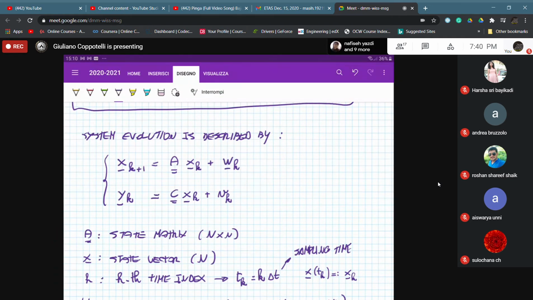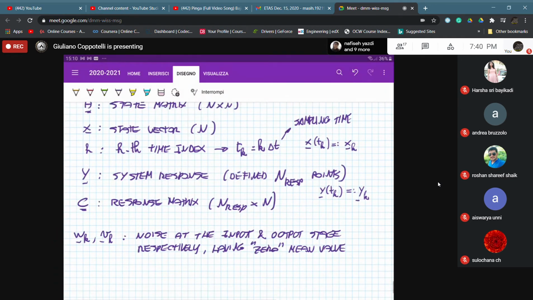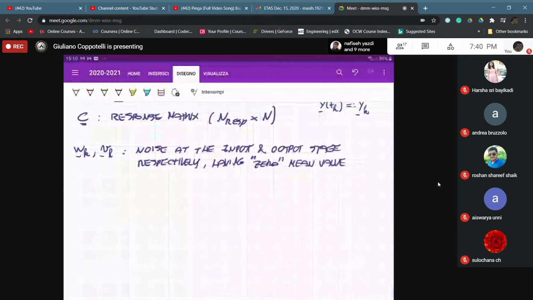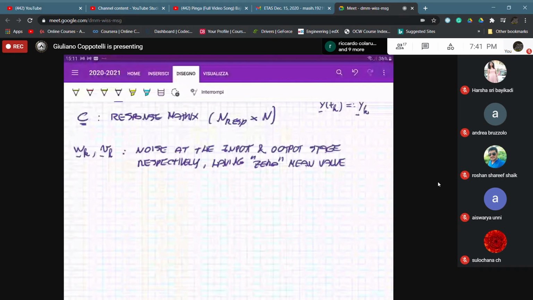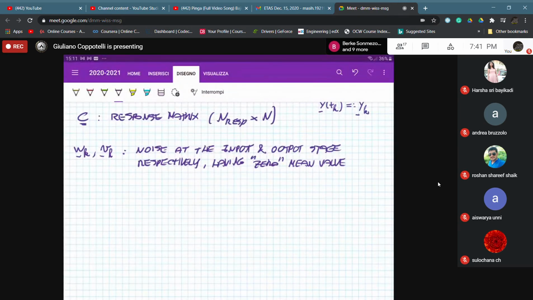Then we define the quantities. And just one last remark on the noise, because w and v are the noise on the input and the output stage, respectively, having zero mean value, we can also think to avoid this contribution.